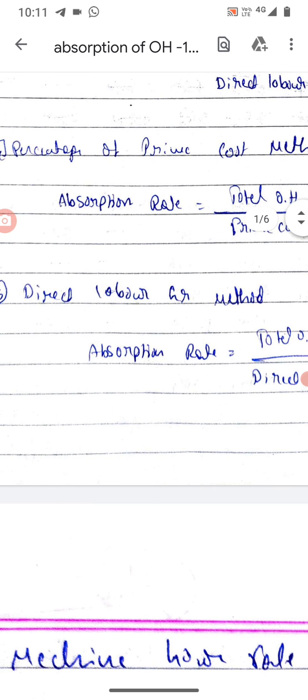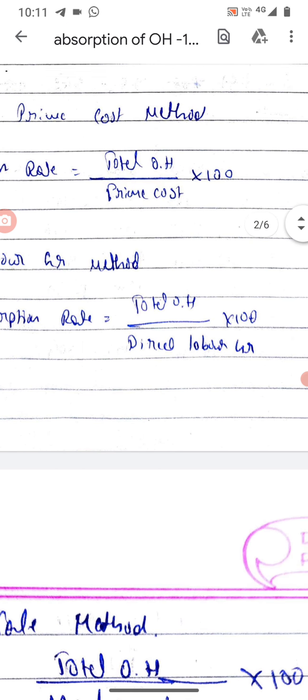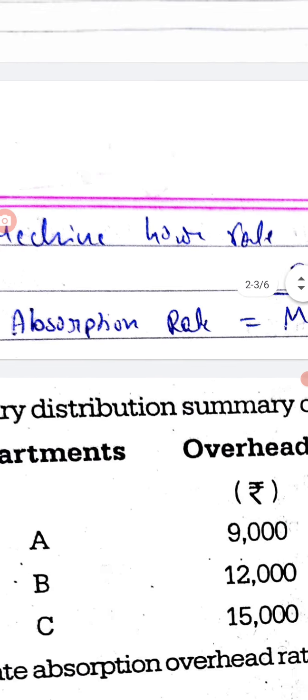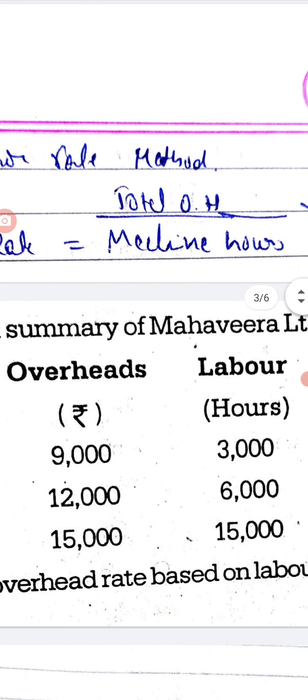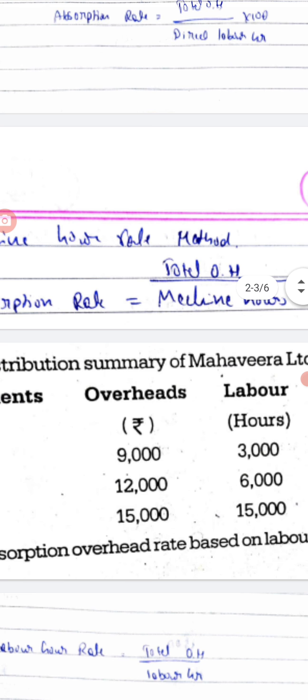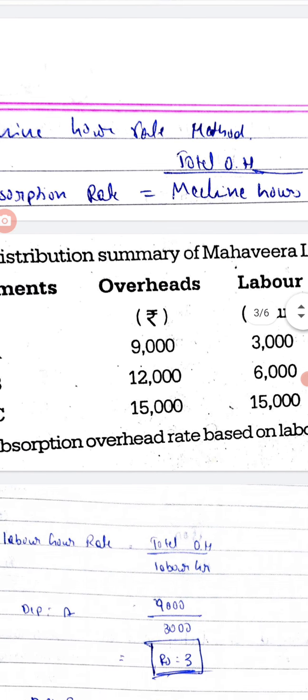And then direct labor hour method is total overheads divided by direct labor hours into 100. And then we have machine hour rate method. As I told you earlier, we are going to solve problem on this particular aspect. So here total overheads divided by number of machine hours into 100 is a total hour.